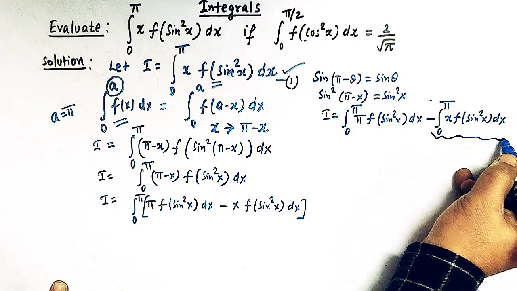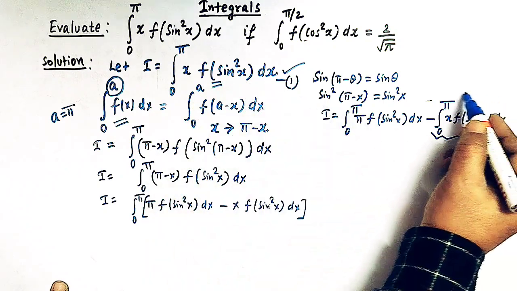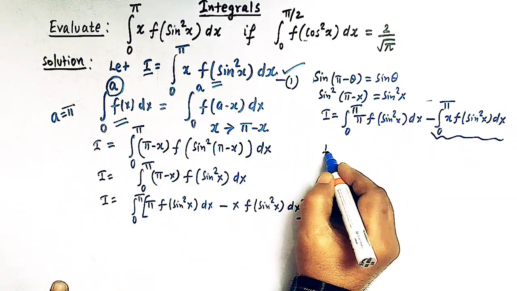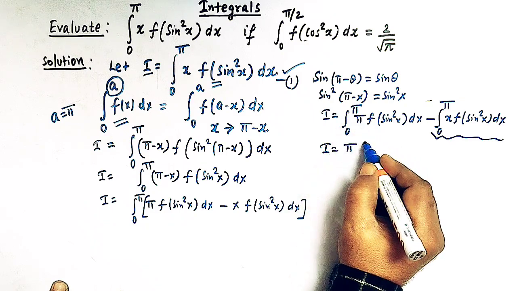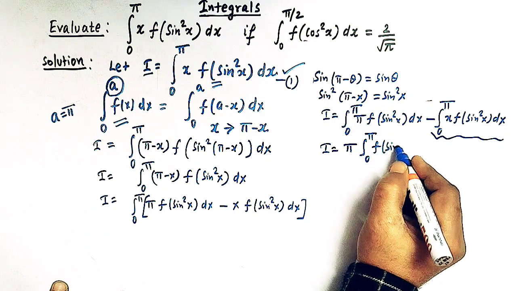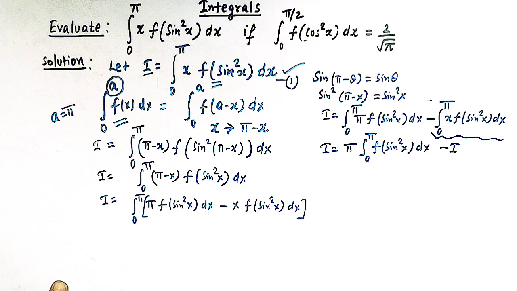Now this integral is our original integral, right? So we can replace this integral by simply I. So we have I is equal to pi, taking pi outside the integral, 0 to pi and f of sine square x dx, and here we have minus I.